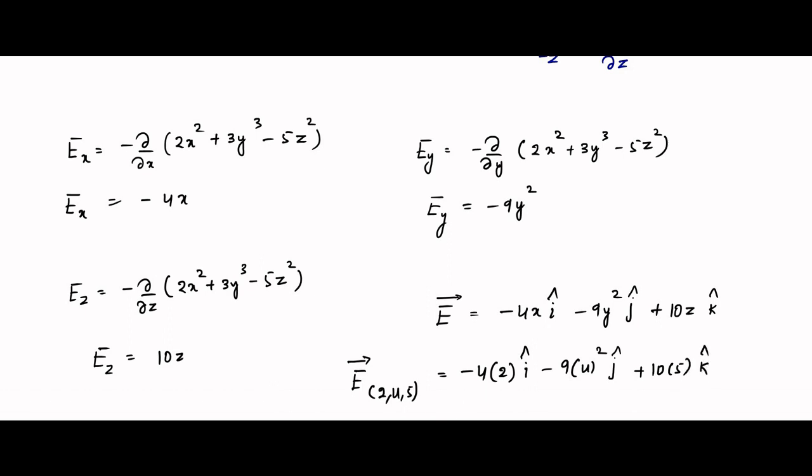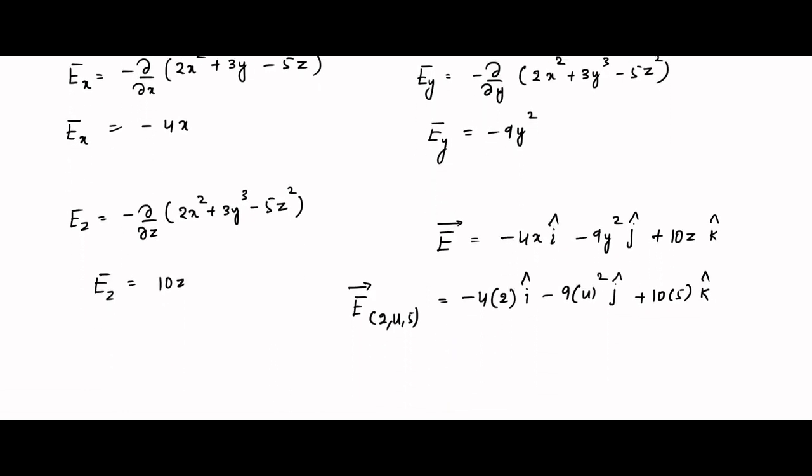So that will be equal to minus 8 i cap, minus 144 j cap, plus 50 k cap. This is the electric field at the point 2, 4, 5 in the region defined by the potential function V is equal to 2x square plus 3y cube minus 5z square. Okay, so this is the thing.